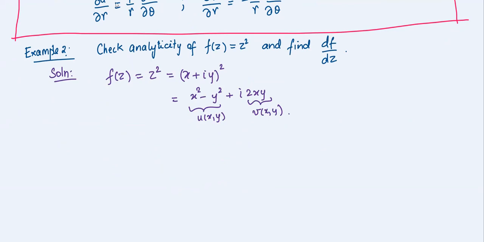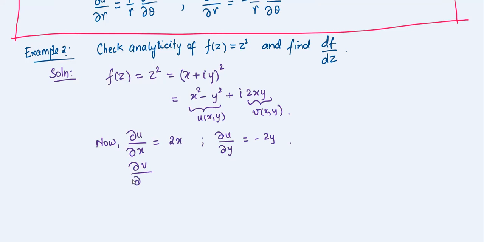Okay. So now dou u by dou x is 2x and dou u by dou y is minus 2y.